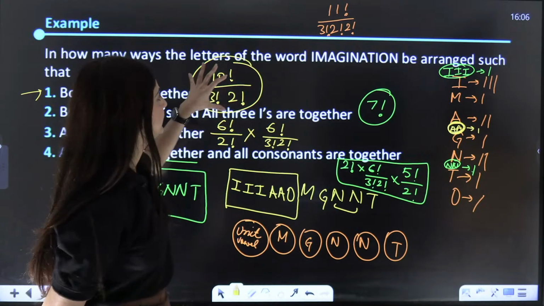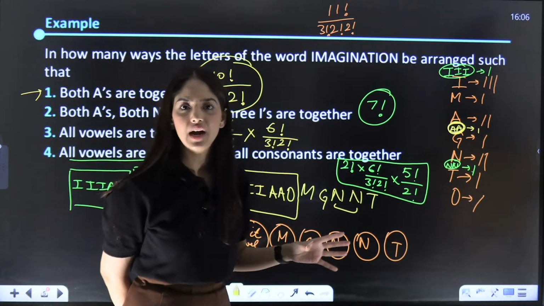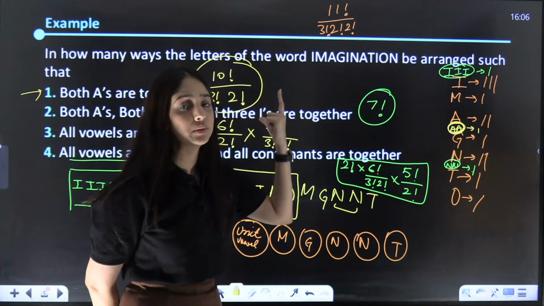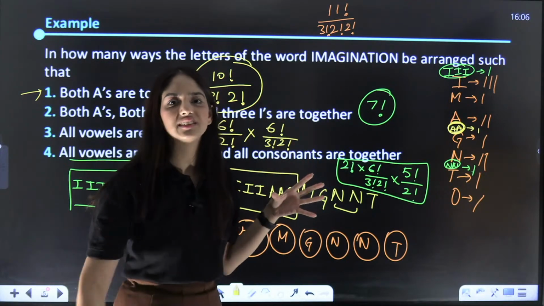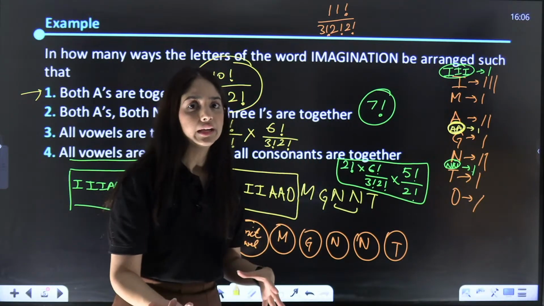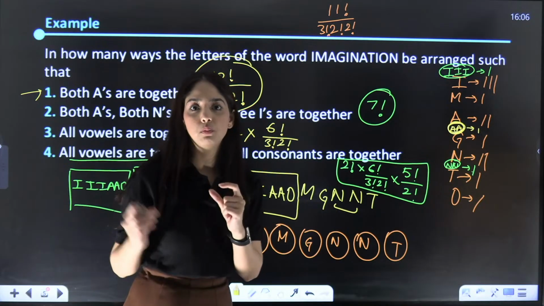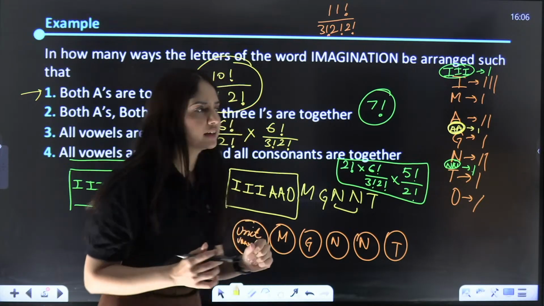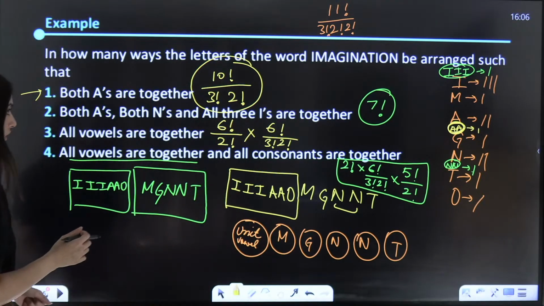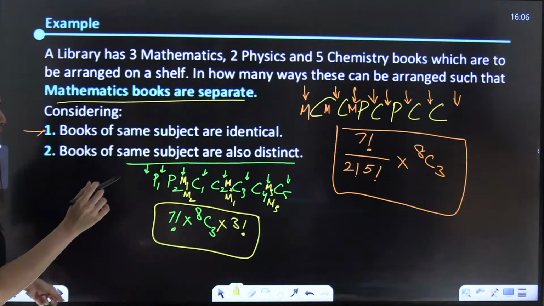Out of the total, these many were when both A's are together. Once we have this, we can just count the number of cases remaining, which will be the cases when both A's are separate. Let's take a look. 10, 3, 2.